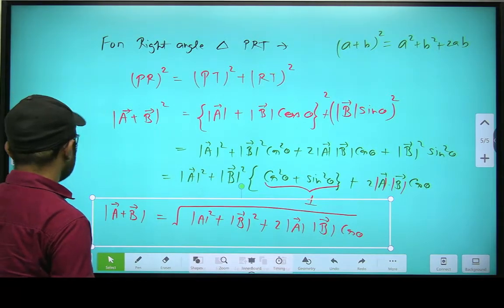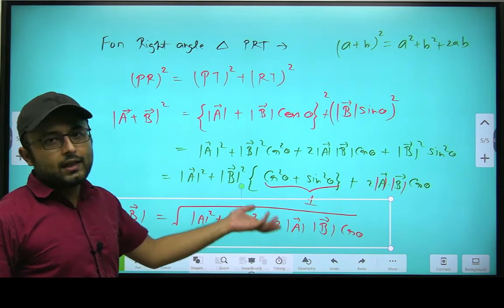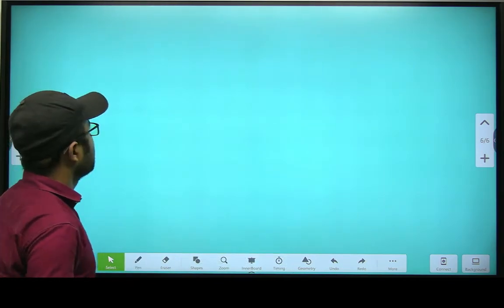So if two vectors are given, and this is not by parallelogram law, whichever way you do it, mathematically this comes out to be the same.